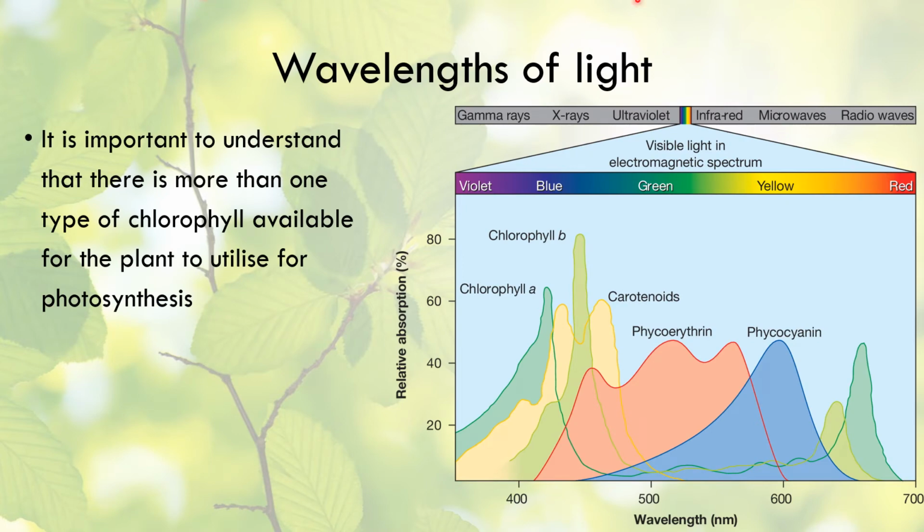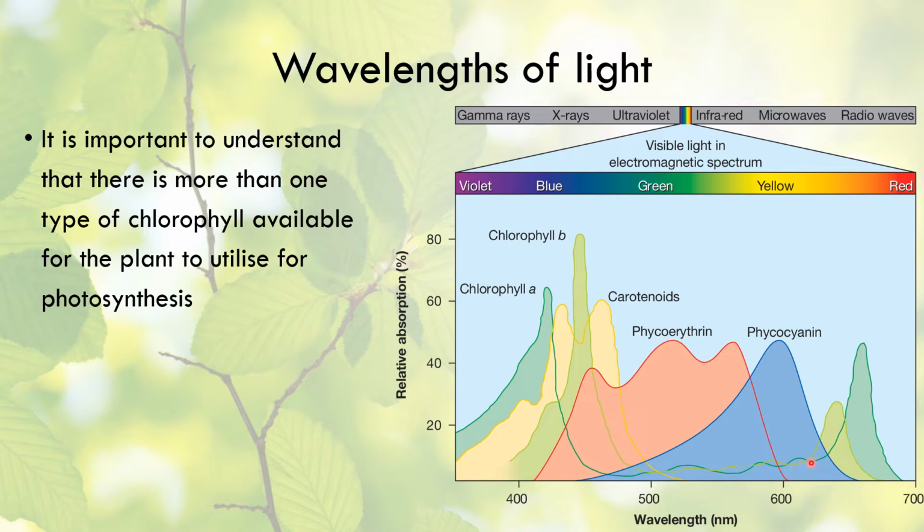All right, our wavelengths of light. These are important because we need to understand where chlorophyll is able to utilize the wavelength at its best rate. You can see on this graph we've got chlorophyll A here, and this is the green line. So if we trace this green line, it comes up at a peak here, which matches our blue wavelength of light, comes back down here, wavers along here, so there's really not much happening in the green wavelength.